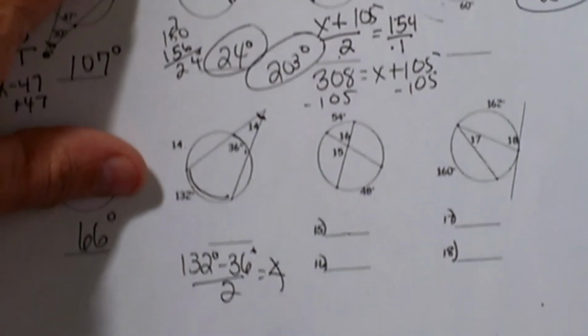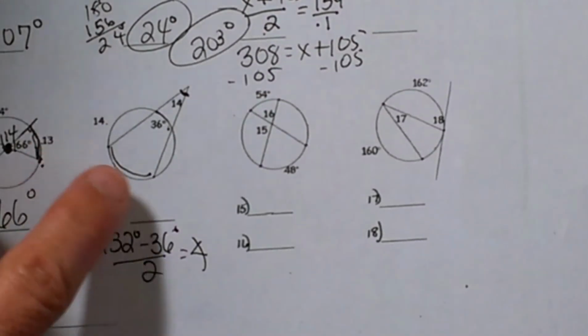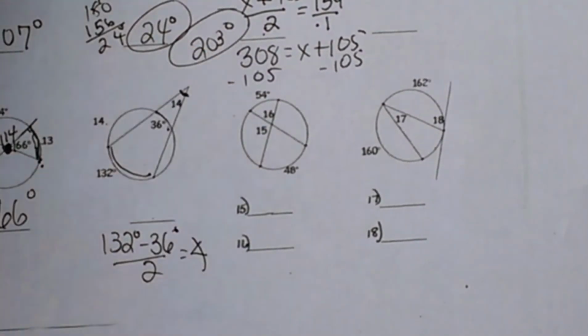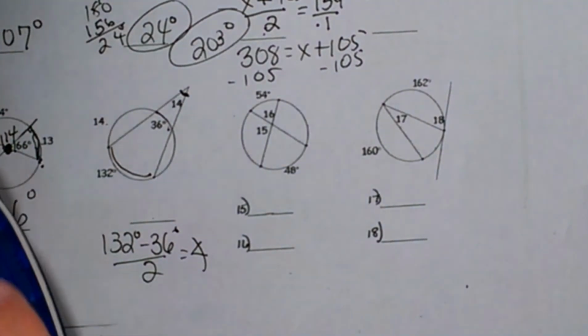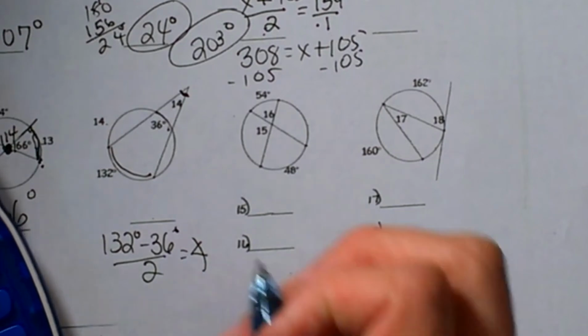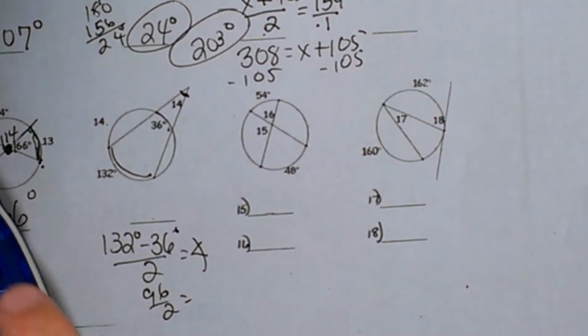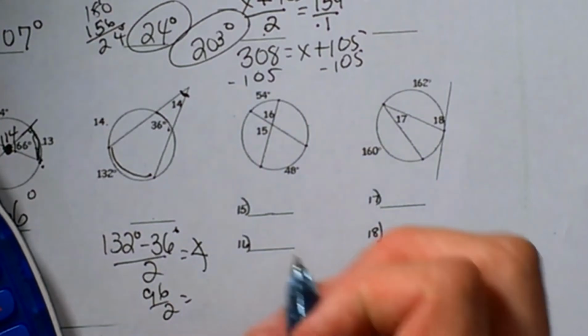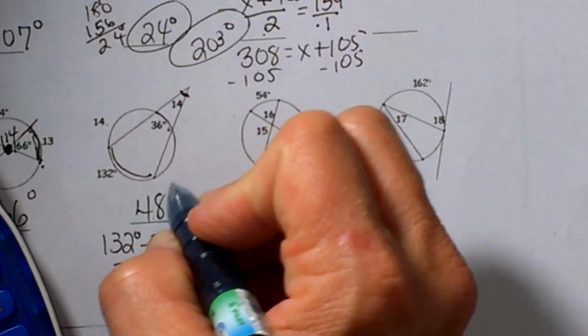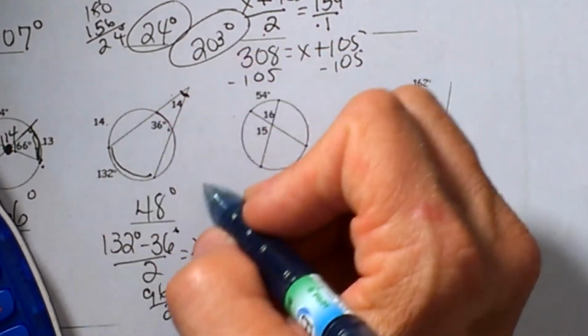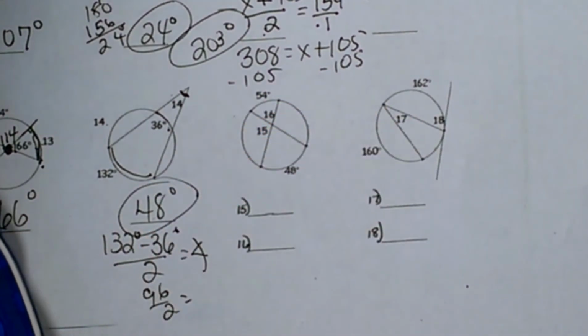Let me slide that up for you. So big arc minus small arc divided by 2. Let's take 132 minus 36, and that gives us 96, divided by 2, and that gives us 48. So that means number 14 is 48 degrees.